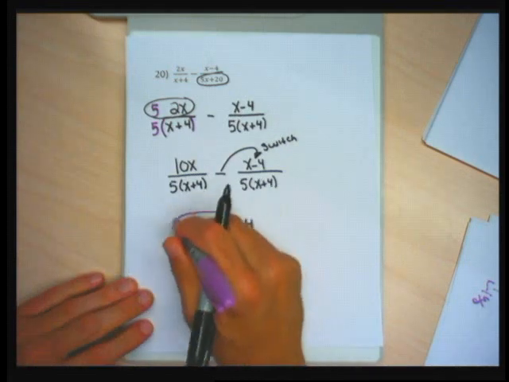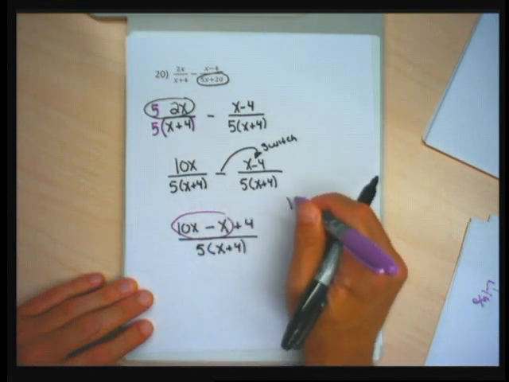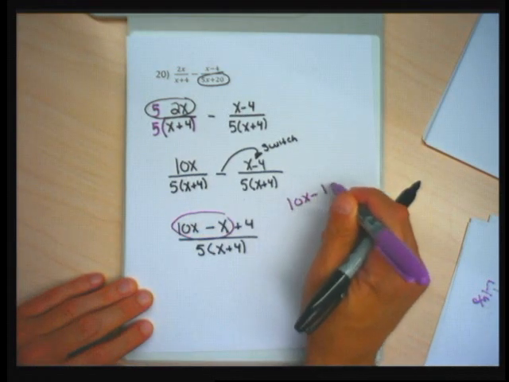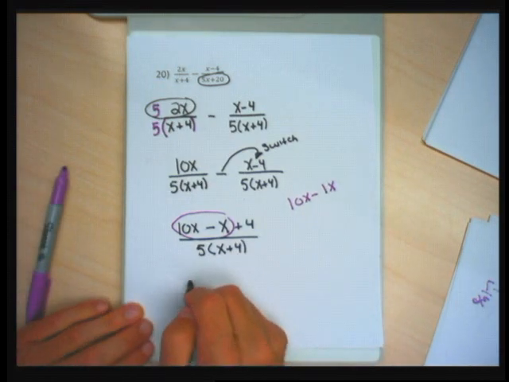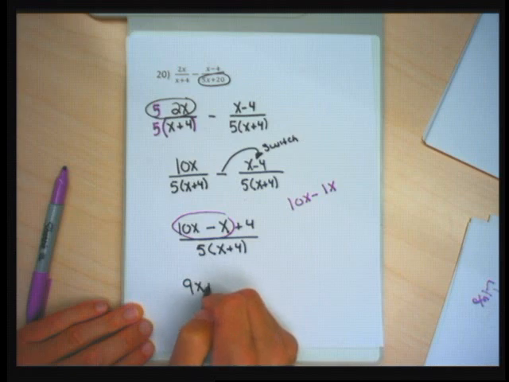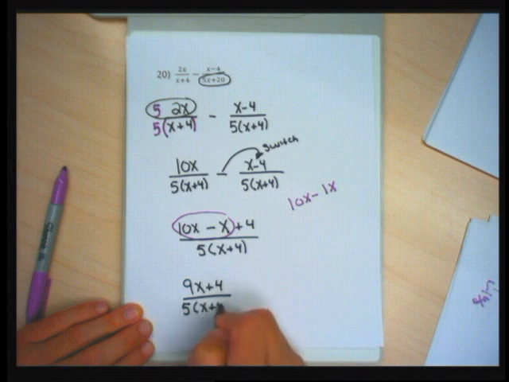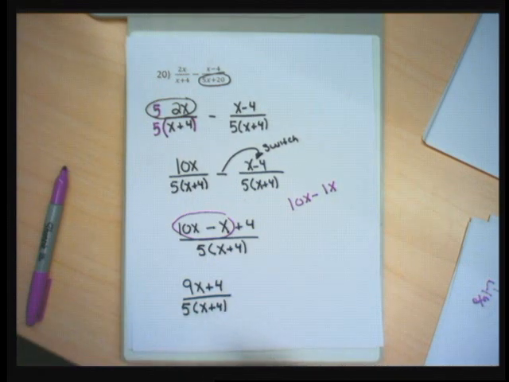In the numerator, the thing that's going to simplify is the 10x minus x, and that's really 10x minus 1x, which I'm going to write as 9x. Simplifying the numerator doesn't do anything to the denominator. Whether I have 5x plus 20 or what I have, when I subtracted the 10x minus x, I didn't need to change anything.